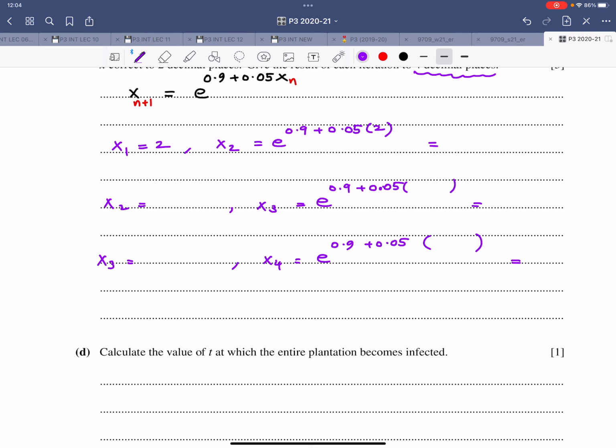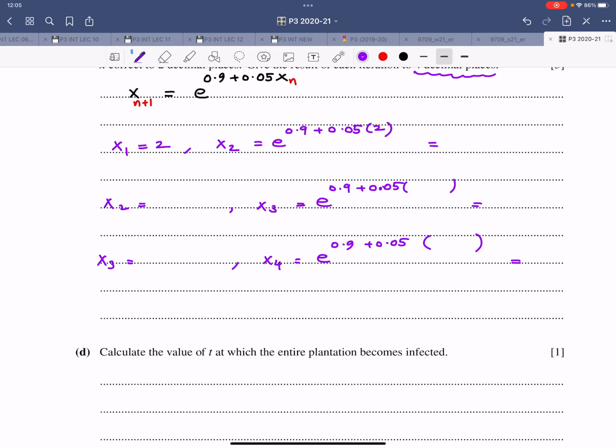Now let me do some calculation because sometimes people are confused in this particular part. First of all, 0.05 multiplied by 2 is 0.1, 0.1 plus 0.9 is 1, e raised to the power of 1 is 2.718.